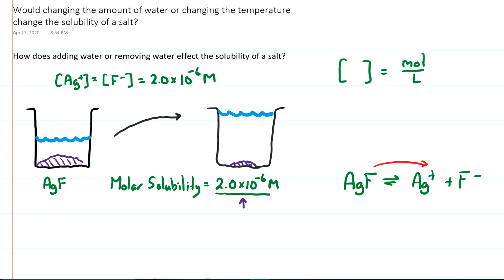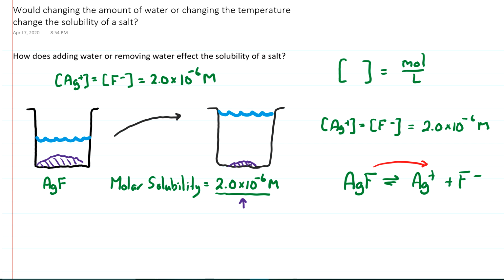So the concentration of the silver ions and the fluoride ions would still be equal to each other in this case, and they would still be equal to 2.0 times 10 to the minus 6 molar. So by adding more water, you don't actually change the molar solubility of the salt.